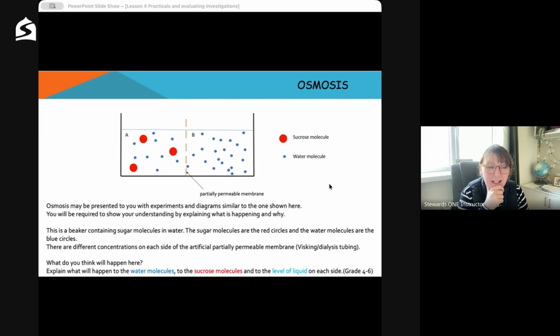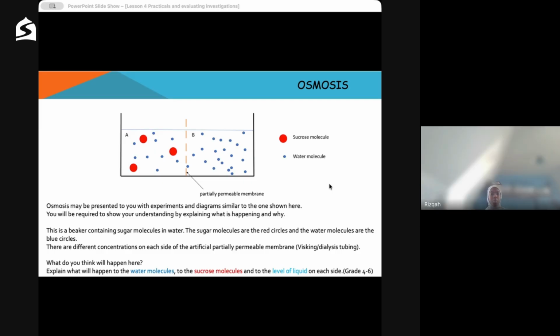And on one side of the tank, we've got water and sucrose, which is a type of disaccharide, a type of sugar. And on the other side, we have just water. What's going to happen? Can you remember? The water is going to move from B to A until the concentration of water is equal on both sides.